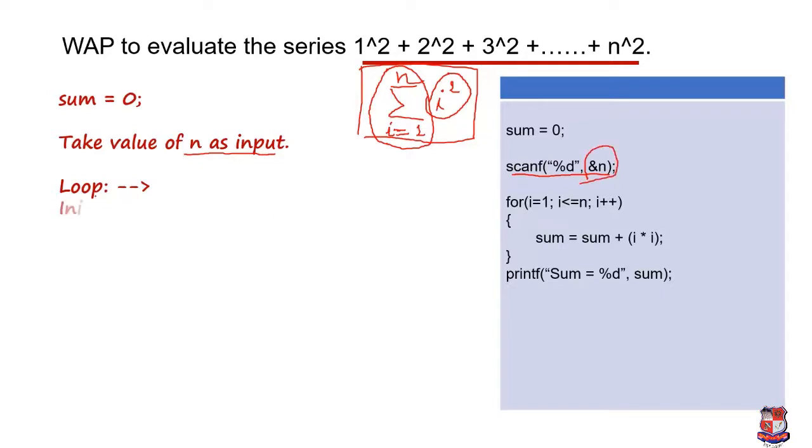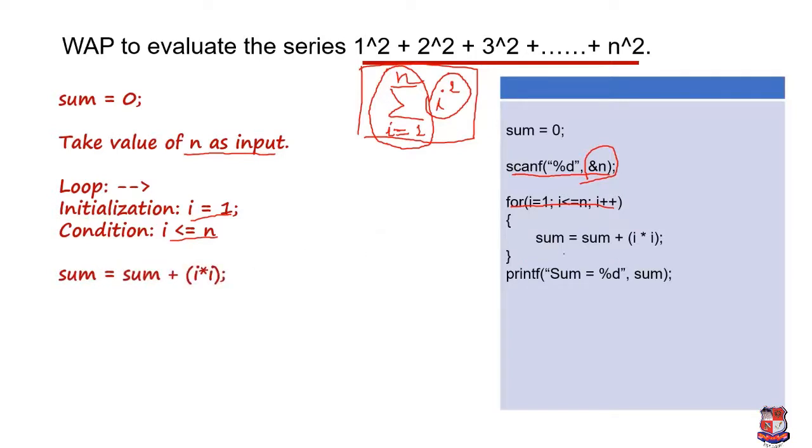Then we come to the loop. The loop is initialized from 1 and goes up to n. So our initialization is I equals 1 and the condition is I less than or equal to n. It will be like this: for loop, I equals 1, I less than or equal to n, and I plus plus. Then our equation will be sum equals sum plus I into I, which means I square.